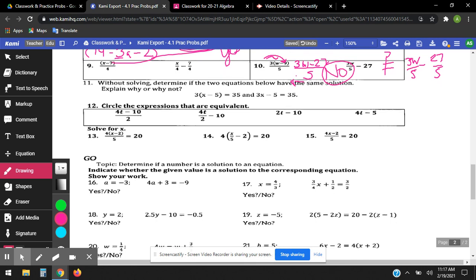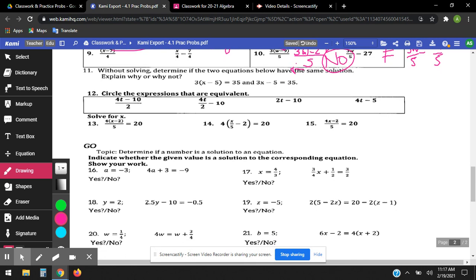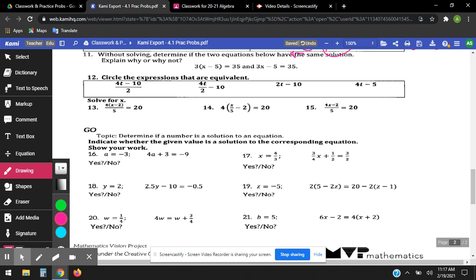All right. 12, you're just looking for the two that are equivalent. Same idea as what we just did. Simplify it down, see which two actually equal each other. 13, 14, and 15. Let's go ahead and we'll do one of them. Let's do 14. So we need to distribute our 4 to both numbers. So we end up with 4x over 5.